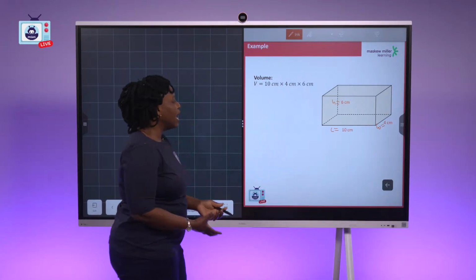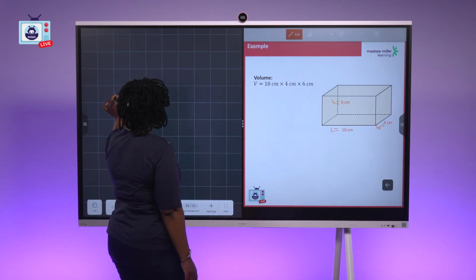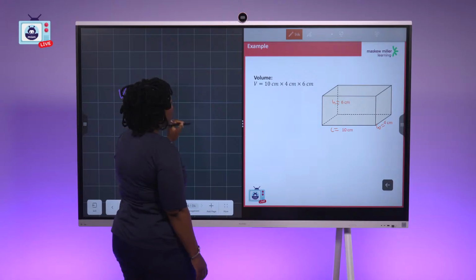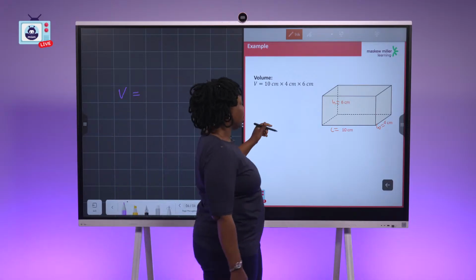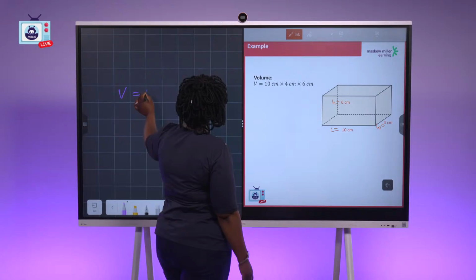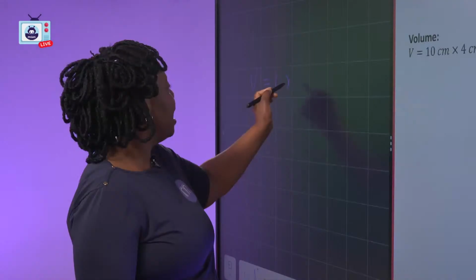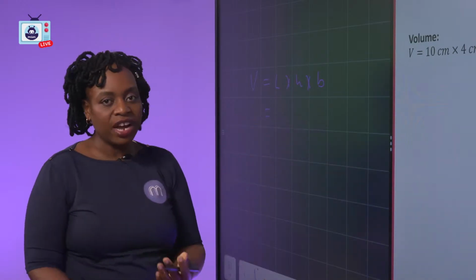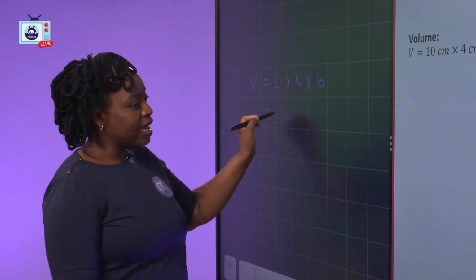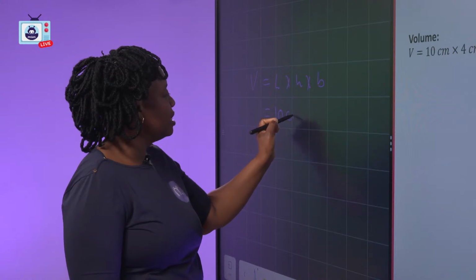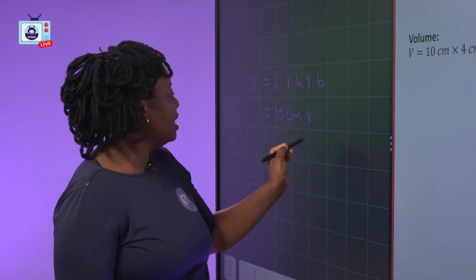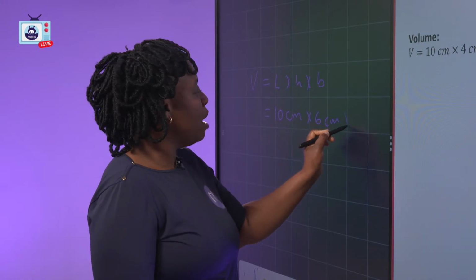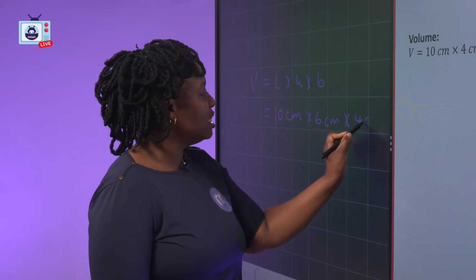If we have to find the volume, remember that according to the formulas we have been checking, volume equals length multiplied by height multiplied by breadth or width, whichever you prefer to say. So that will be 10 centimeters multiplied by 6 centimeters multiplied by 4 centimeters.